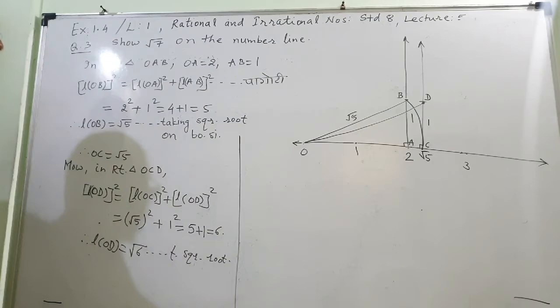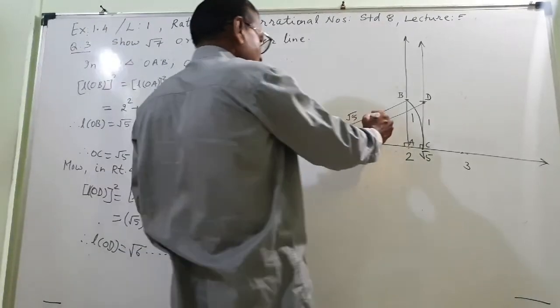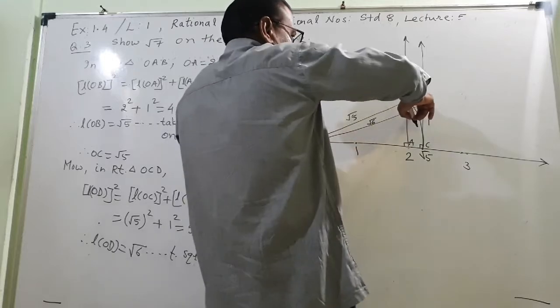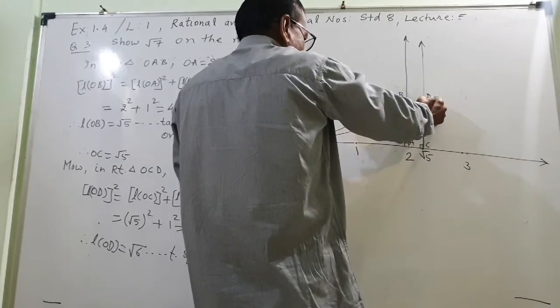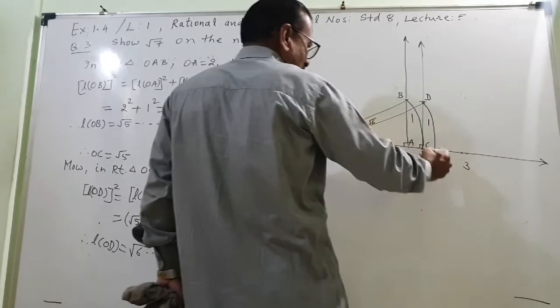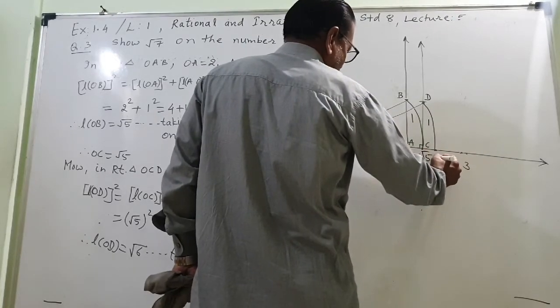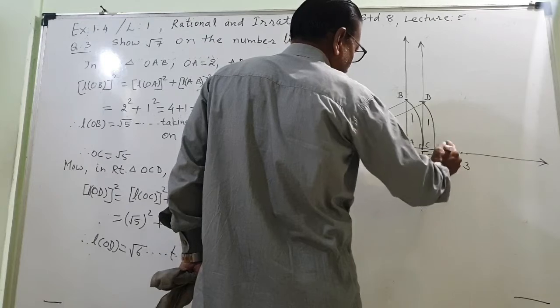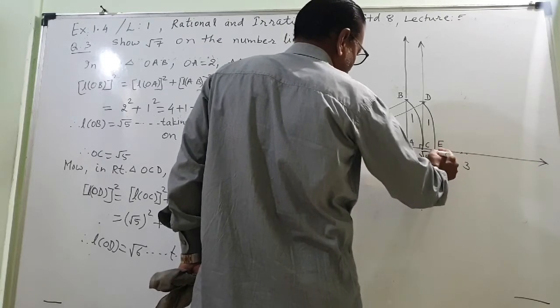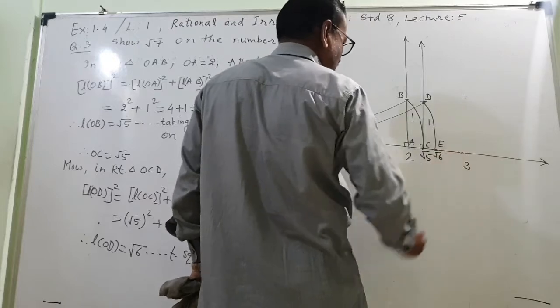OD is root 6. So from this, take this arc and draw a curve like this. This point is E, and this is root 6.